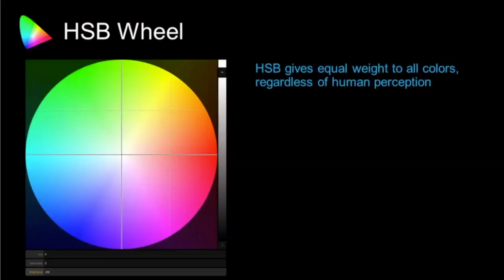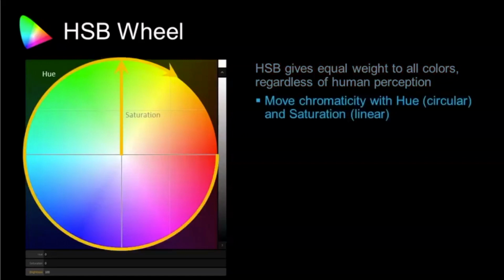So regardless of human perception, you can see that all colors are equally represented around the outside of the dial. So it's a little bit more predictable when you're trying to move through the different hues of color, right?